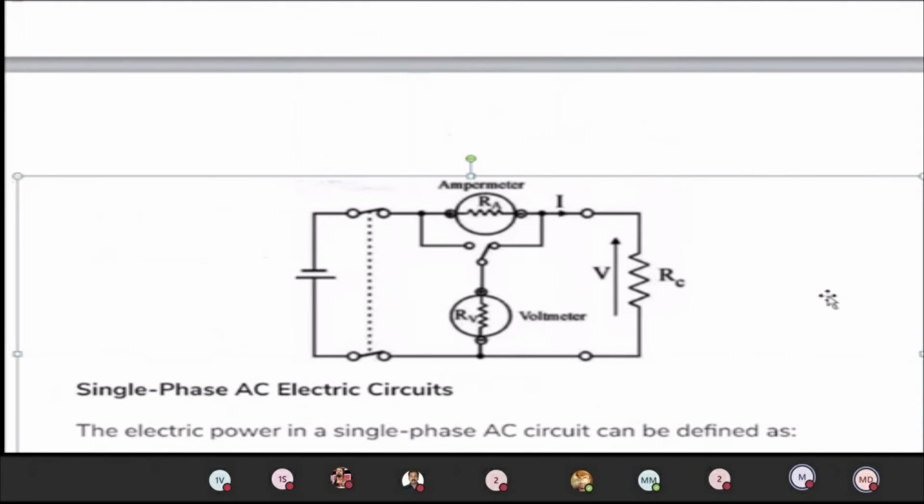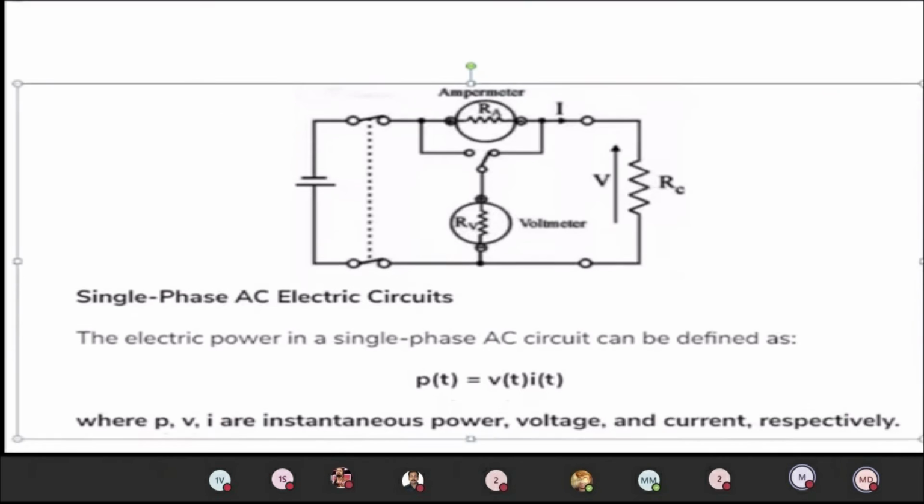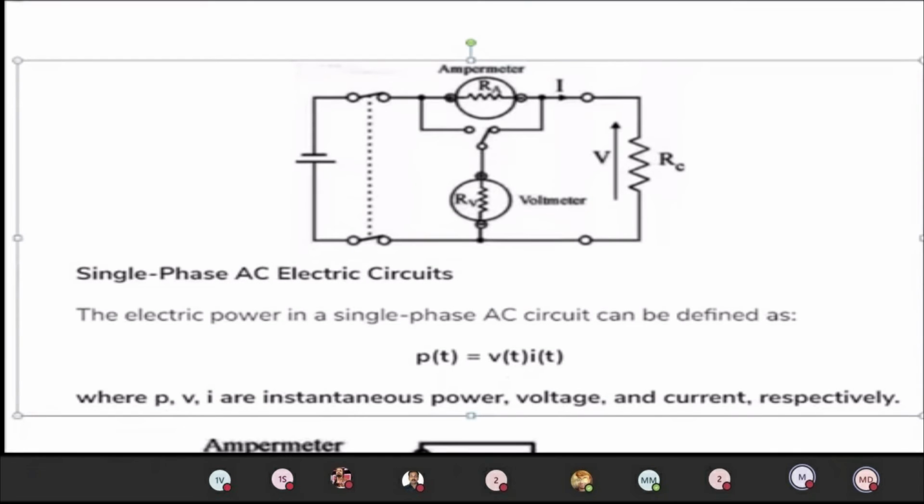And we have the measurement of power and energy. So let us move with the power. On screen you can see a simple single phase AC circuit, which has a power supply. We have a wattmeter to measure the power and a voltmeter.